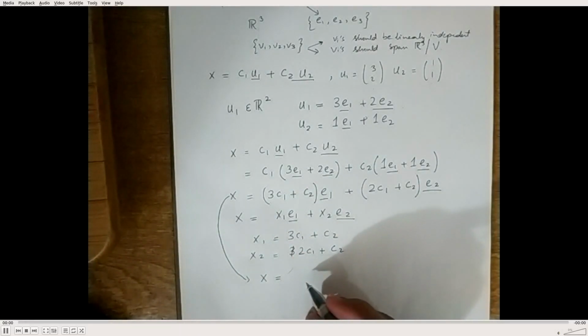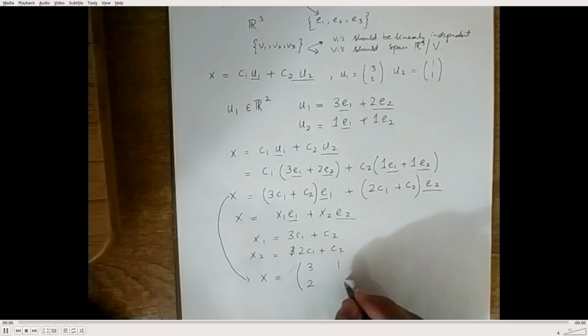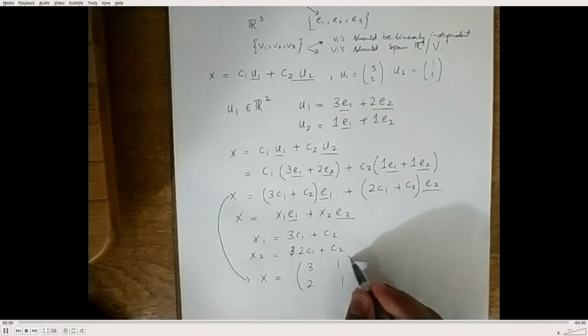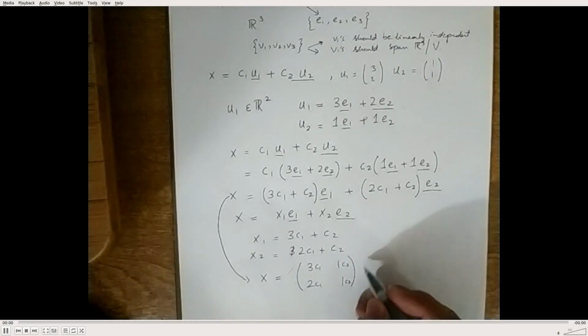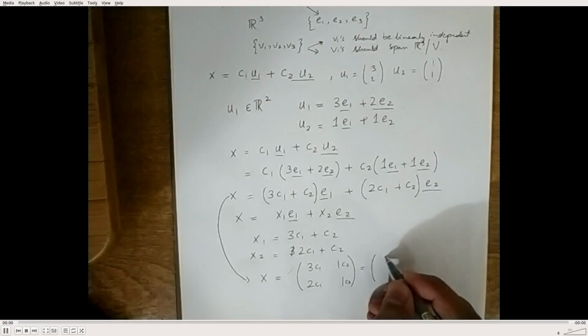I can write this as the matrix with rows 3, 1 and 2, 1, times the vector C1, C2, where this was just simply the vector x1 and x2.